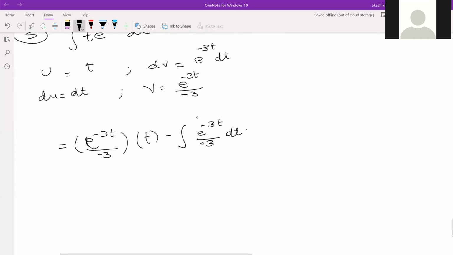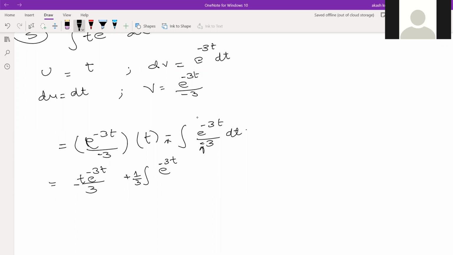These two we multiply them. Then minus minus becomes plus. So e to the power of minus 3t, taking the constant out. Only one minus, this minus and this minus, so it becomes plus.